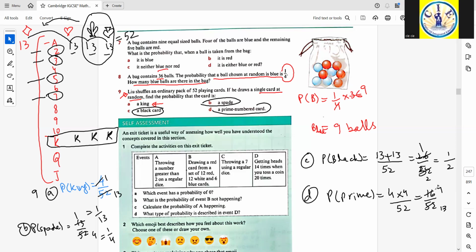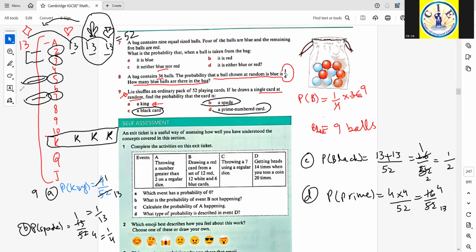Prime numbered card. 1, 2, 3, and 4. These are the cards which are prime numbered. 2, 3, 5, and 7. 4 cards from each type of the suit.